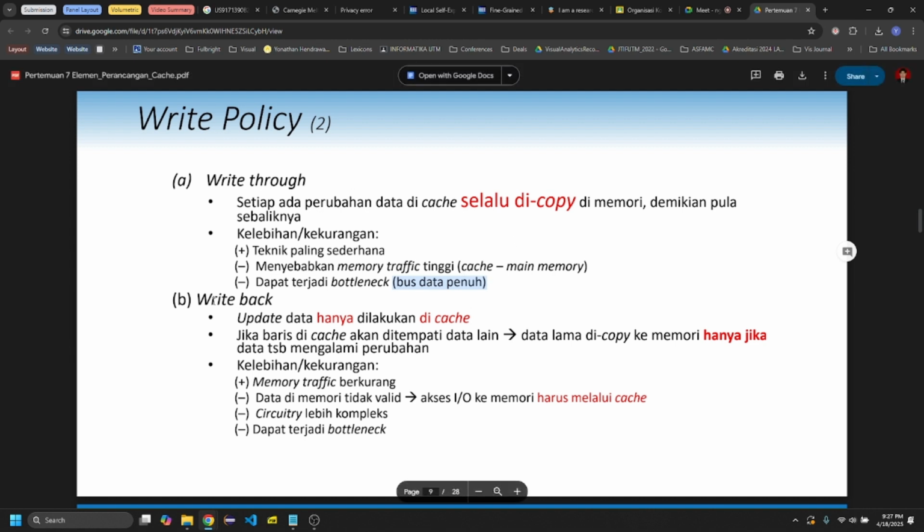Now, the second method is write back. In this case, updates only happen in the cache. If a line in the cache will be replaced with another data, then the current data will be copied to memory only if the data has been modified.